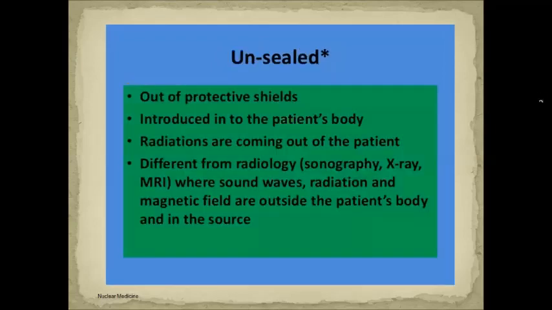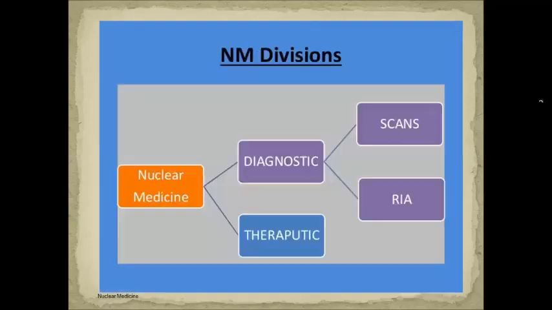Because in such procedures as sonography, plain X-ray, MRI or CT, sound waves, radiation, magnetic fields are outside of the patient's body and in the source. On the contrary, in nuclear medicine procedures, these radioactive substances are introduced directly into the patient's body and are used out of protective shields.